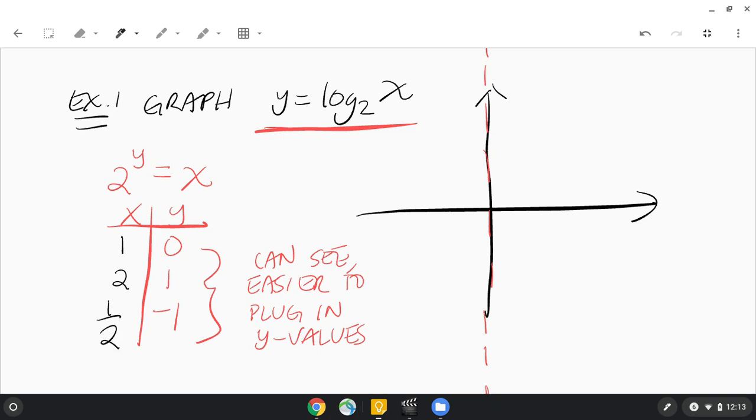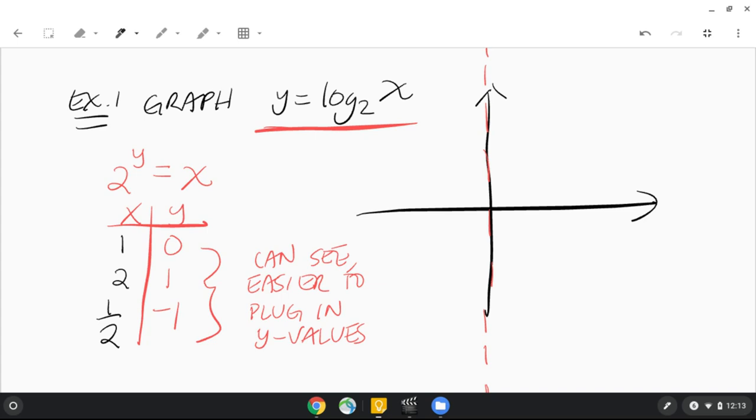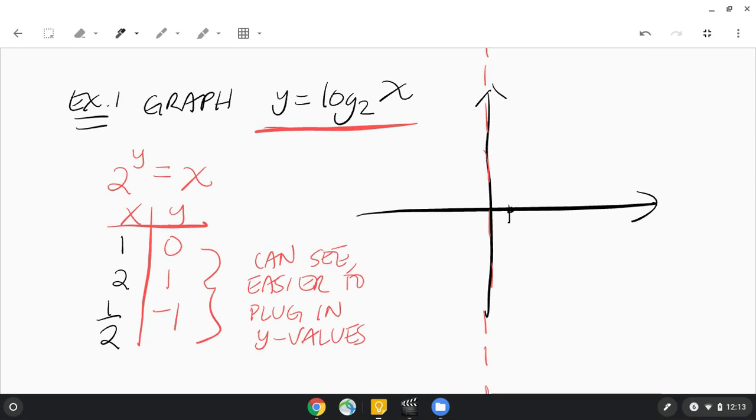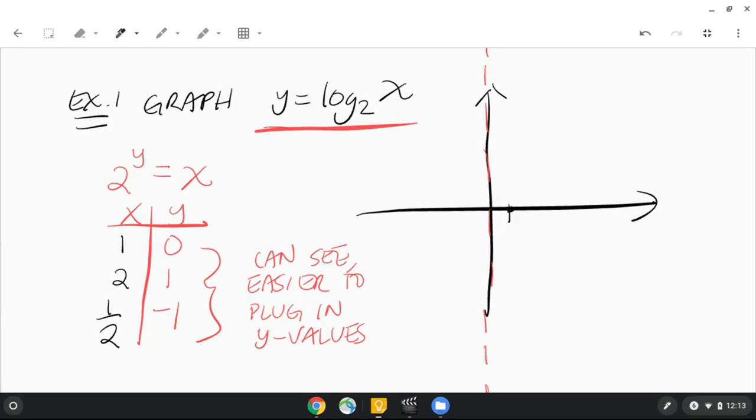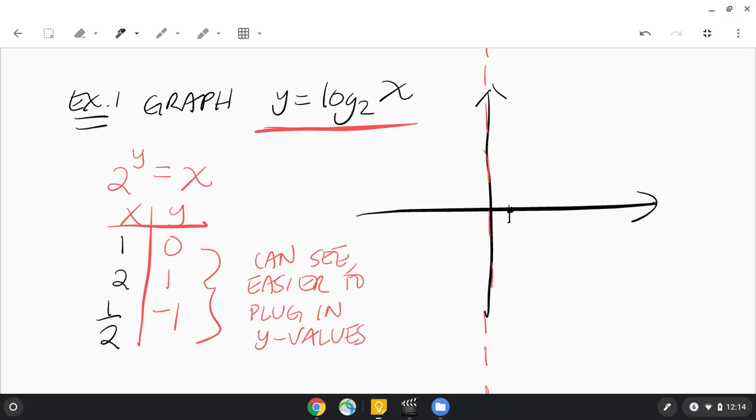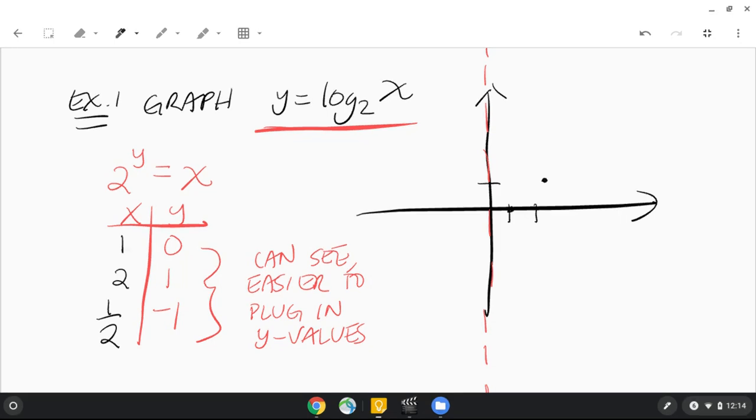All right, so we have a point at 1, 0. A point at 2, 1. A little off there, let me fix that.